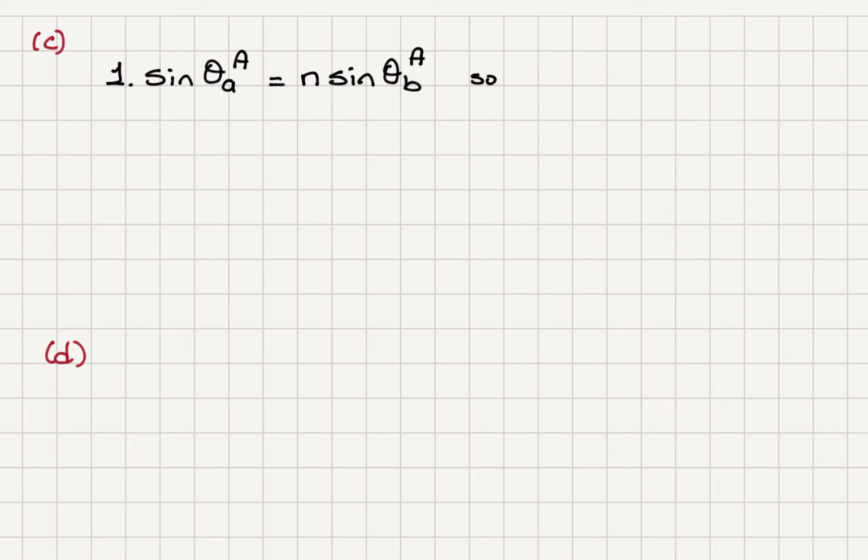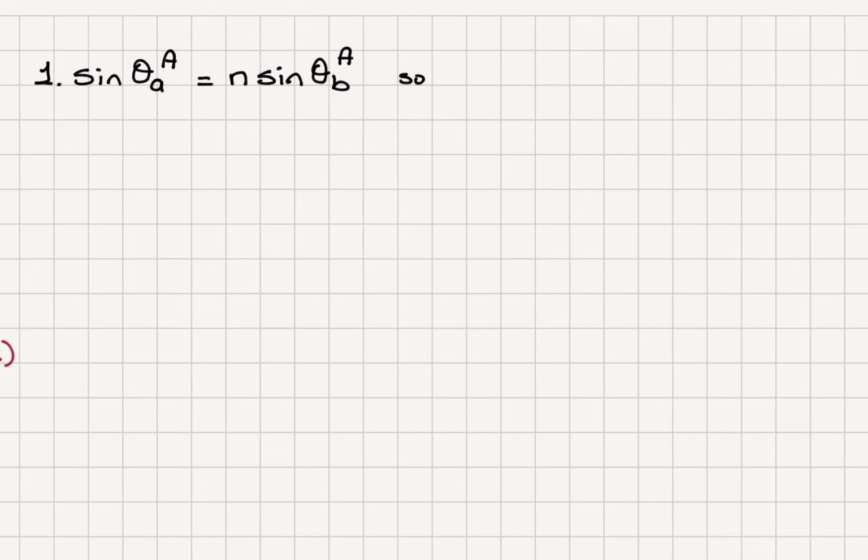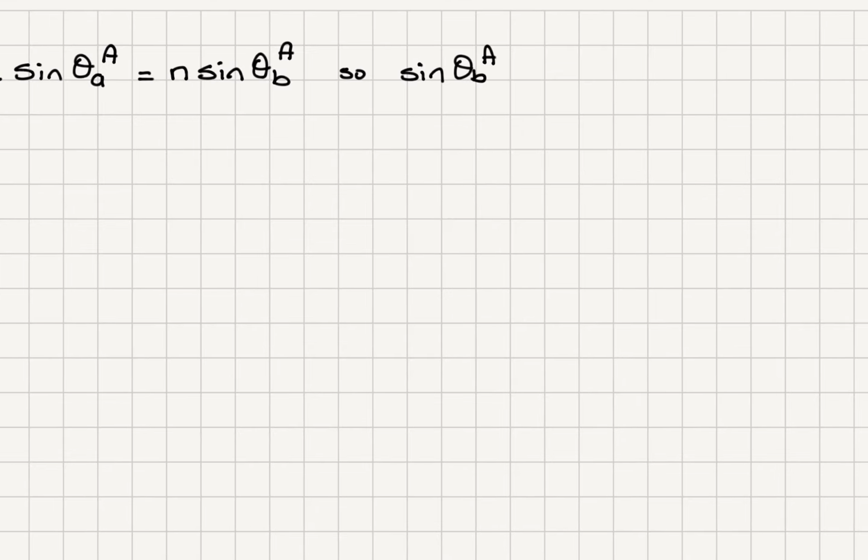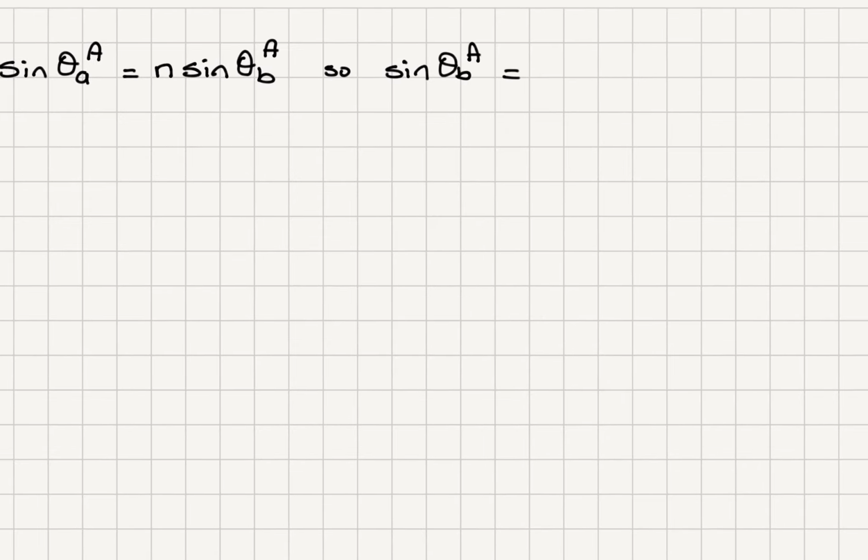So instead of sine theta B at point A, we can write sine theta A at point A divided by n.